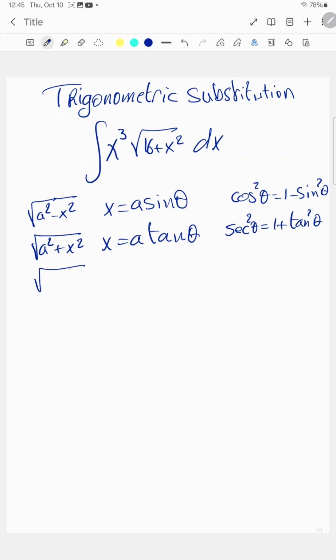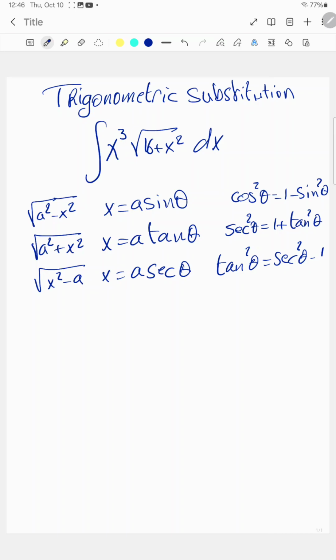And if we have square root of x squared minus a squared, we use x equal a sec of theta, and we use the trigonometric identity formula tan squared of theta equal sec squared of theta minus 1.